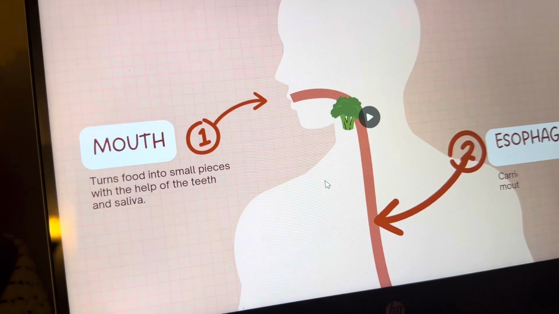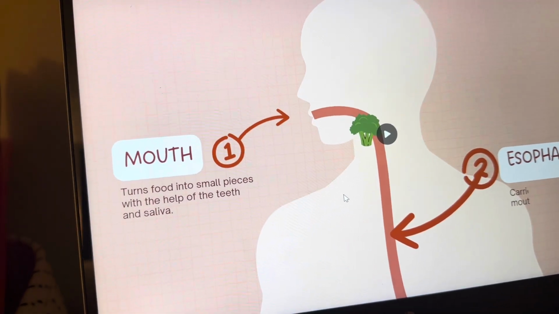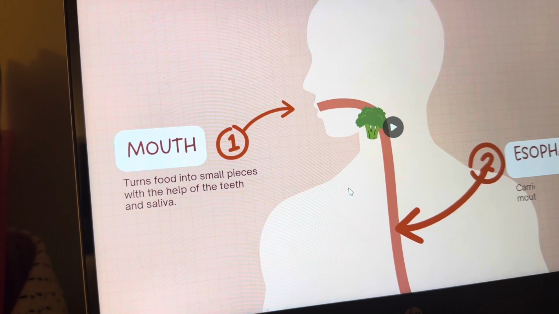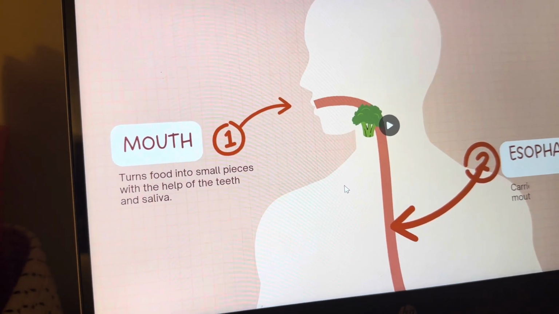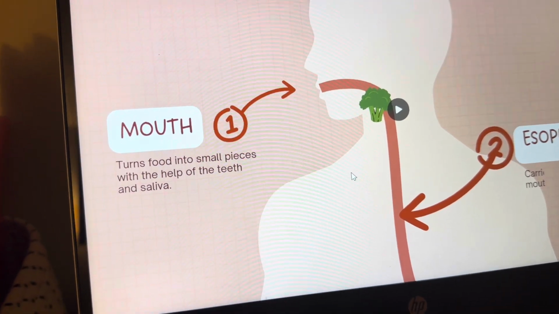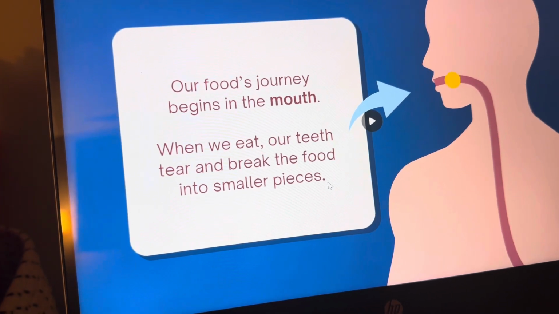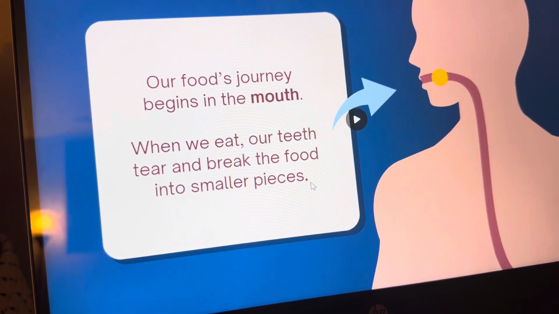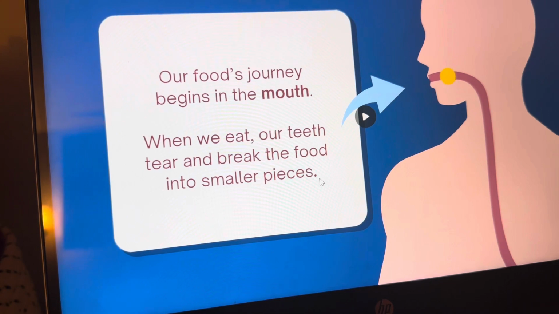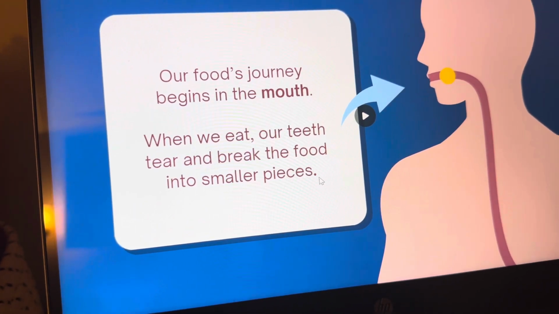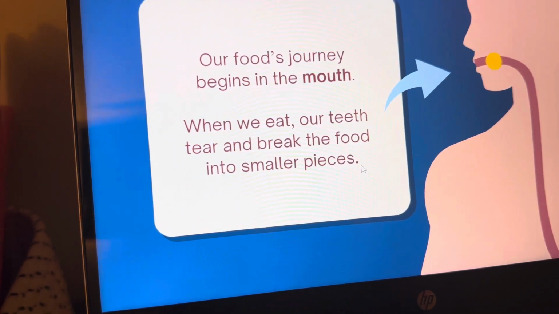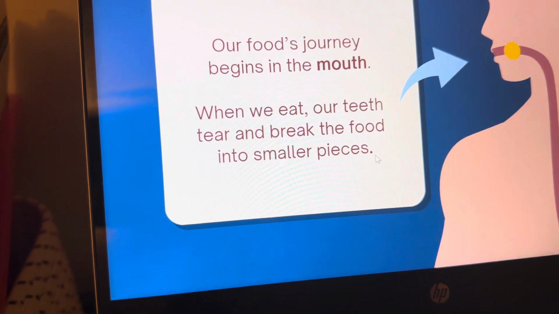It makes it easier for your throat to carry the food down, or else it'll be scratchy and you can't talk and it'll cause a lot of problems. So the body is very smart in the way that it knows how to break it down so it can travel down. Our teeth break it down, our tongue does the work of churning and turning, and then it becomes a bolus.